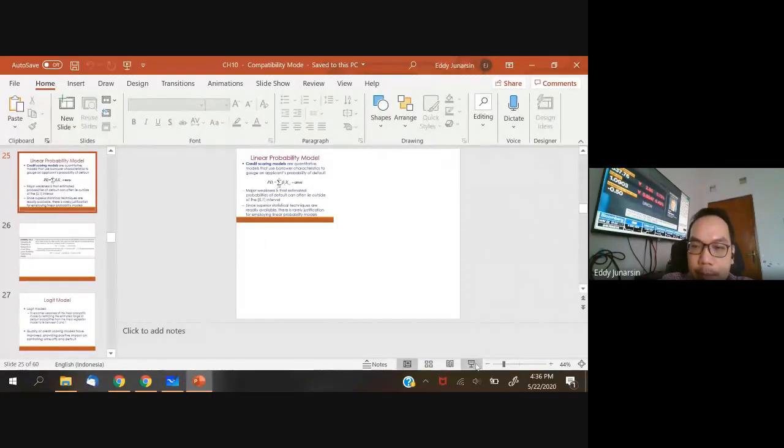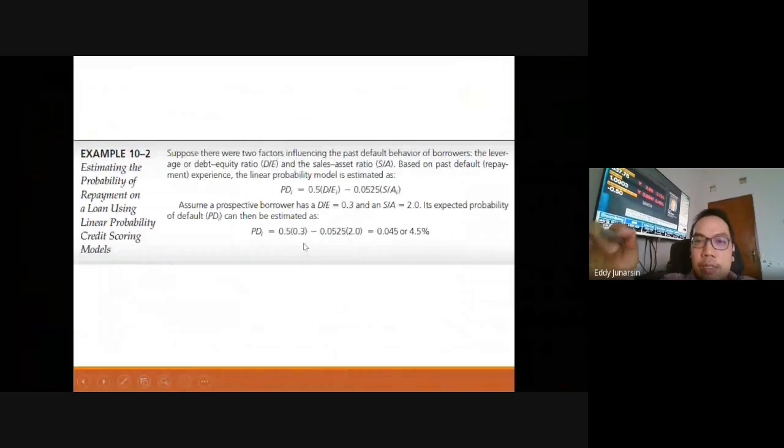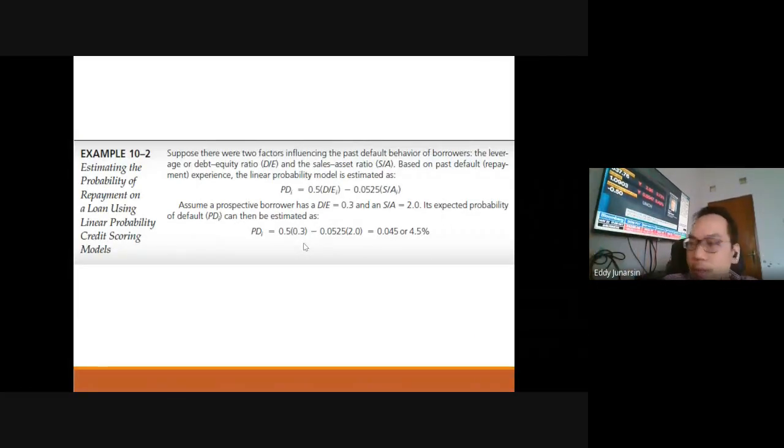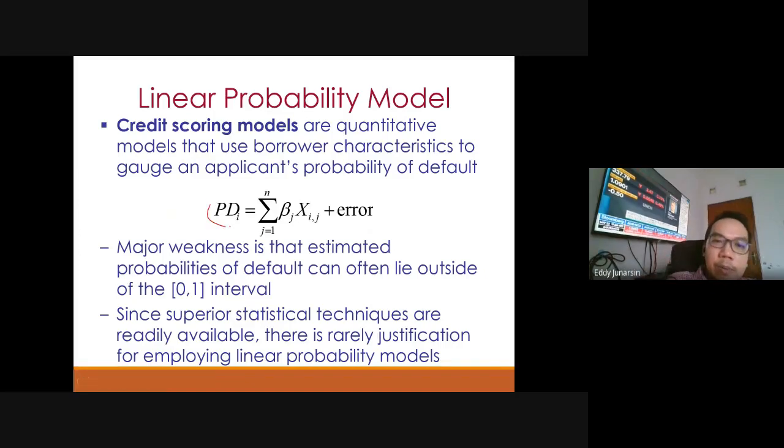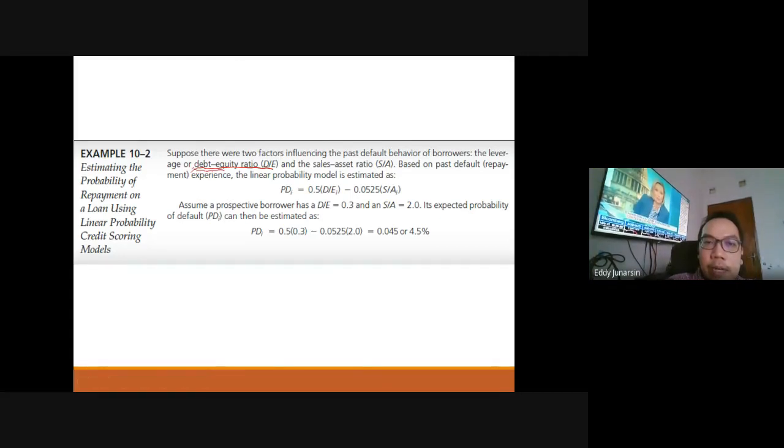Okay, so whatever conjectures or hypothesis you make, a lot of variables could affect the dependent variable. And let's see an example here. In this example, based on the regression analysis that the researchers have conducted, there are two variables here that significantly affect the dependent variable. And of course, the dependent variable is the probability of default, right? PD here, probability of default. And they examine two variables, debt to equity ratio and sales to asset ratio.